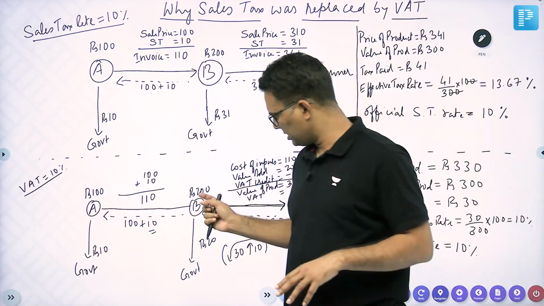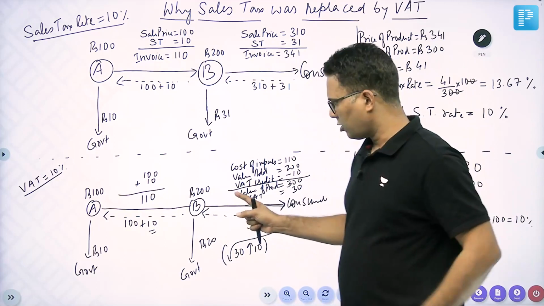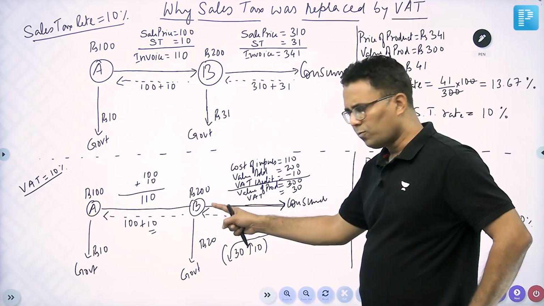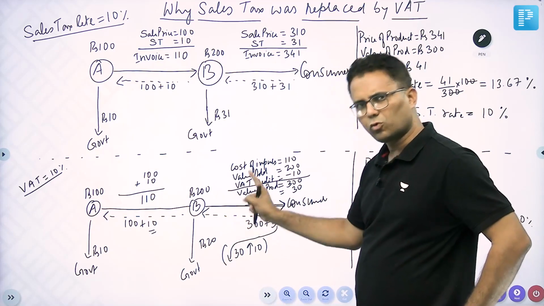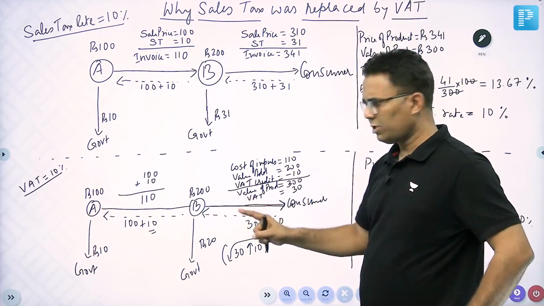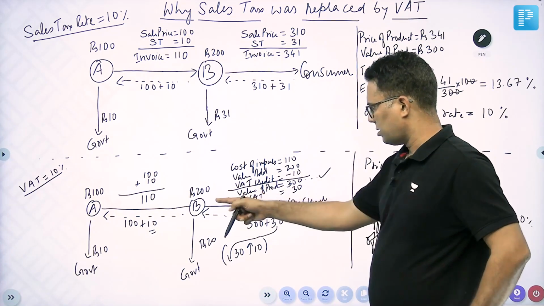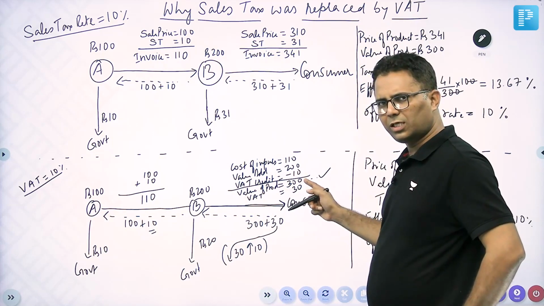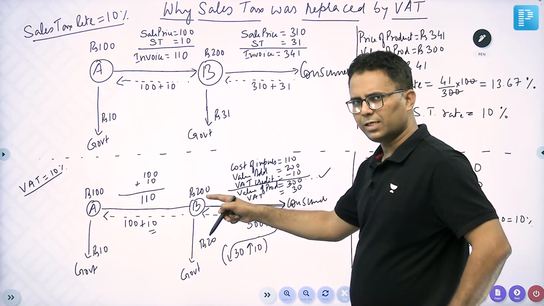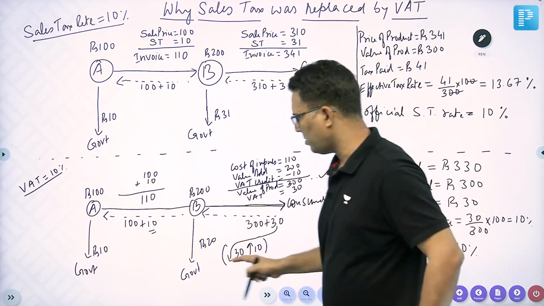See what's happening in this case is, government is saying to B that when you are selling it to the consumer, you pay the tax on total value. Not only on your value, you pay the tax on total value 300, that is 30. And whatever tax has been paid previously, government will give back.